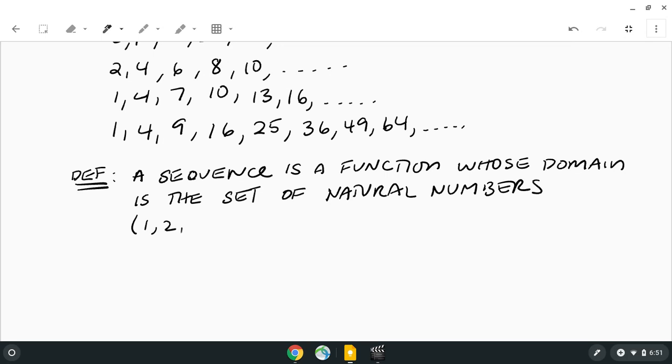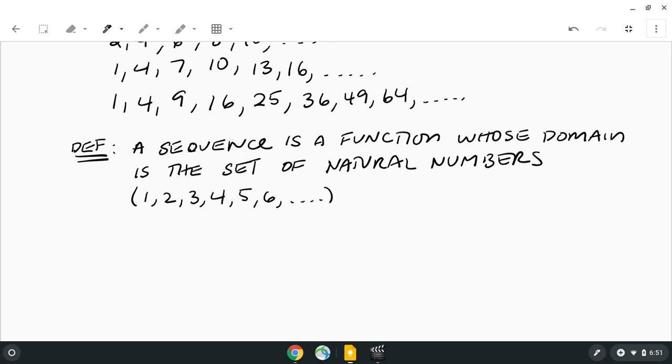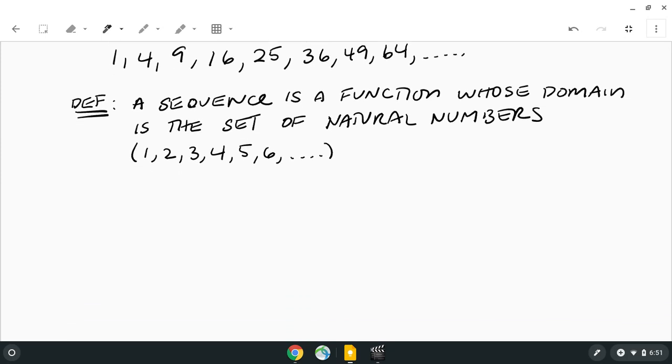Those are 1, 2, 3, 4, 5, 6. One way to remember it is that they're the numbers you naturally started with. Maybe some of you started with 0. Anyway, the domain of the sequence is a set of natural numbers, 1, 2, 3, 4, 5, 6, etc.